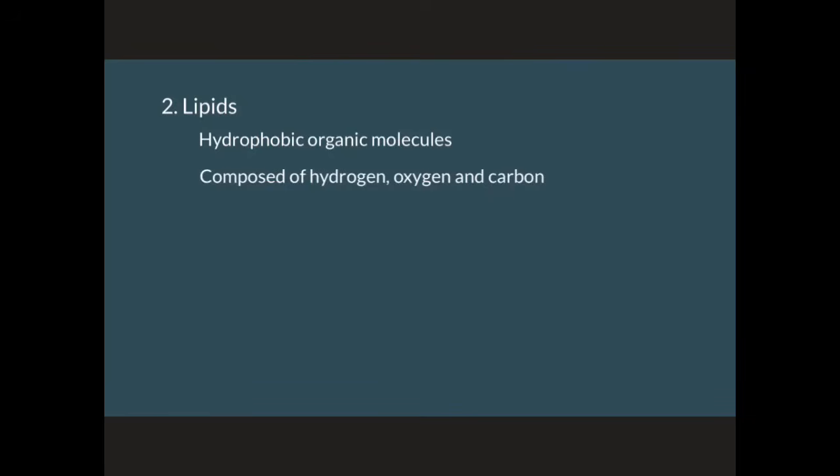The second category of carbon compounds that we are going to talk about are lipids. Lipids are hydrophobic, water-fearing, organic molecules. They are composed of hydrogen, oxygen, and carbon. There's a high ratio of hydrogen to oxygen in these molecules, and there are 5 primary types that are found in humans.